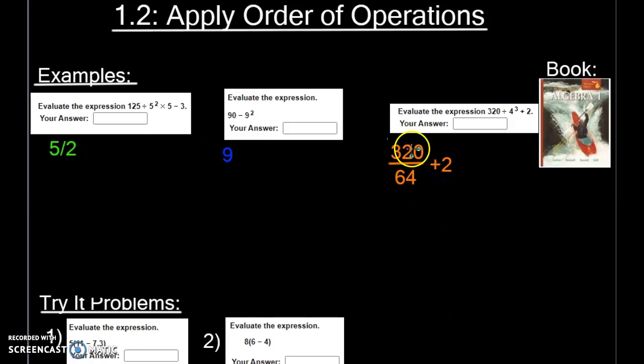We can further simplify this because they're both evens. You divide them both by 2. You get 64 divided by 2 would be 32. So our answer would be 32 over there.